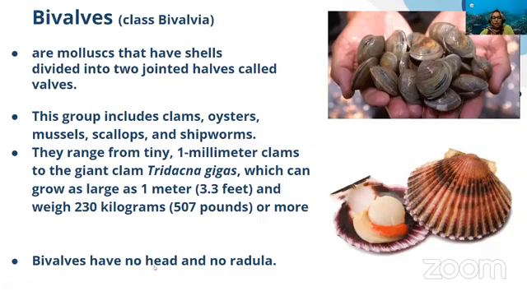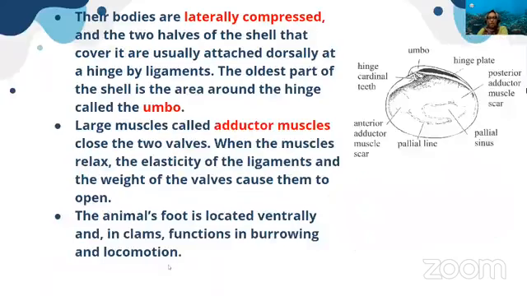Bivalves have no head and no radula. Their bodies are laterally compressed. They have two valves of shell that cover the body, usually attached dorsally and hinged by ligaments.